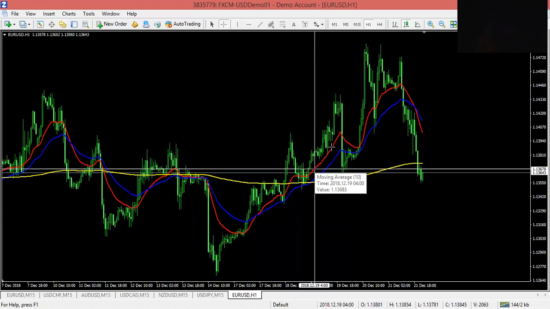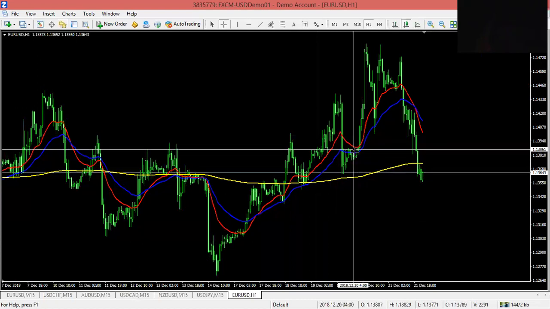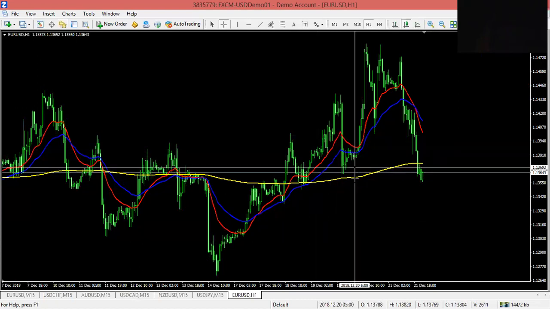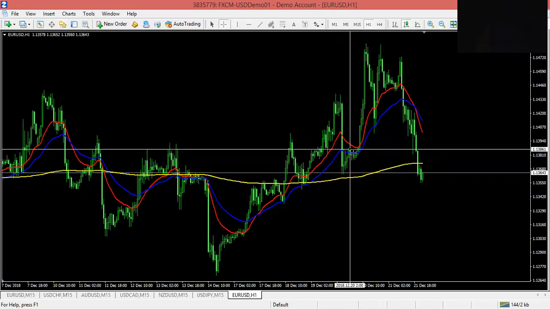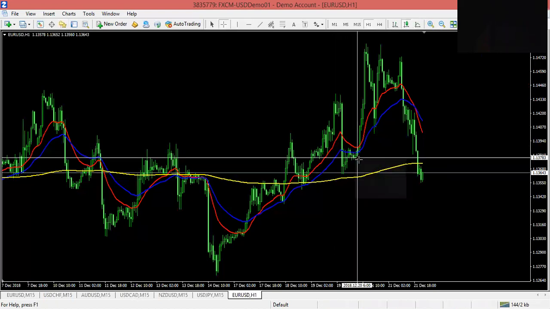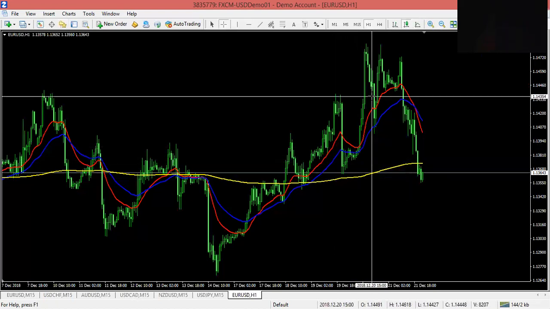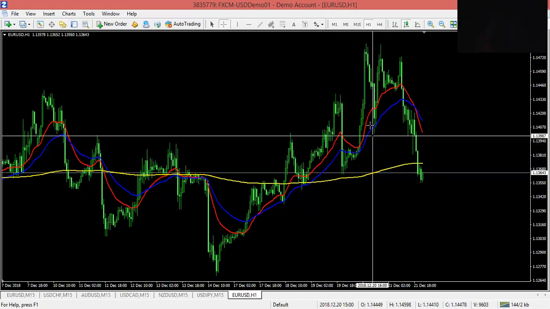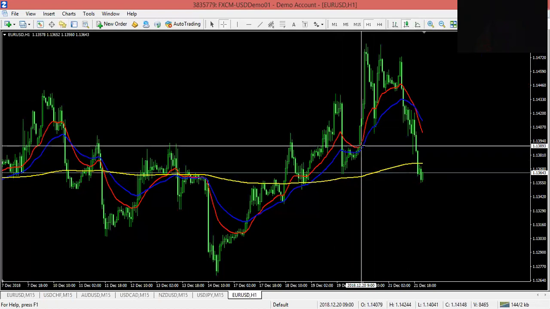When they cross, I allow them to cross back down. They won't cross the yellow this time around. The red will cross the blue downwards and cross back upwards again. On that crossing back upwards, it tells me that it's a strong bullish trend, so I can actually jump in.